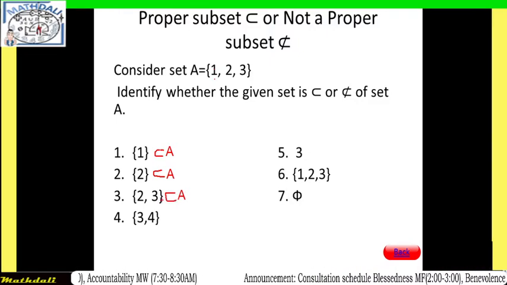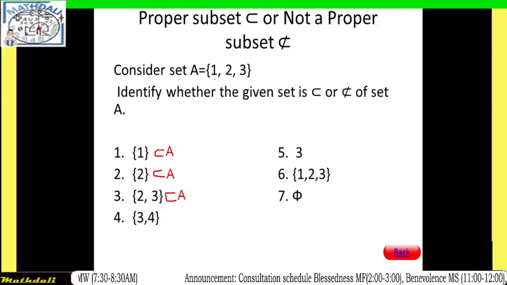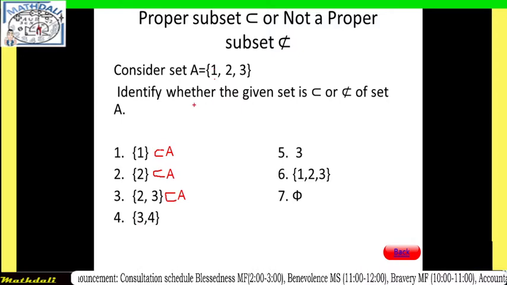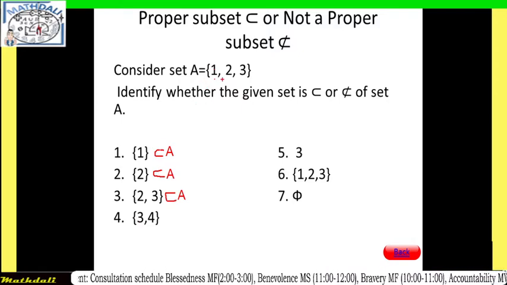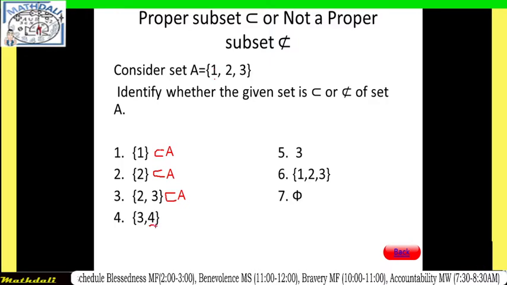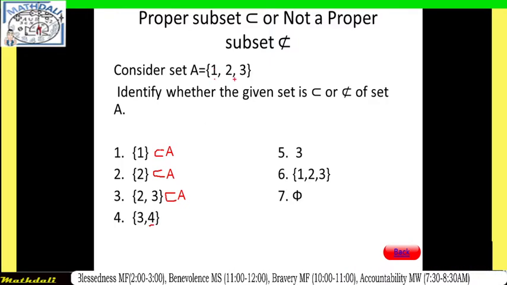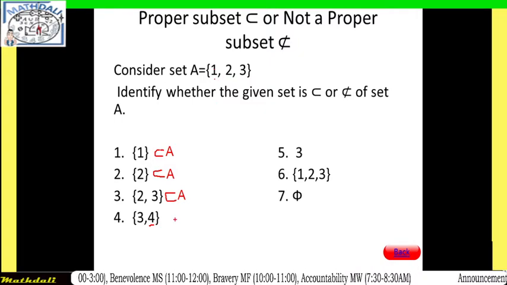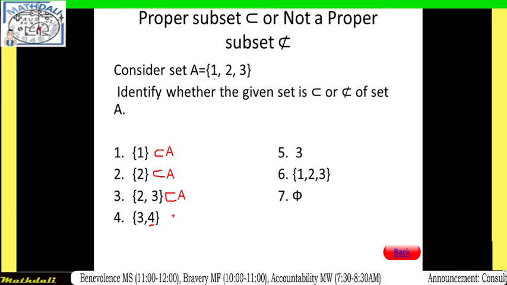Okay, next, let us have 3 and 4. This element, 3 and 4, is it also an element of set A? Okay, kung mapapansin ninyo, itong 4 dito ay wala dito. Yung element na 4 ay hindi nyo makikita sa set A. Definitely, that is not a subset.